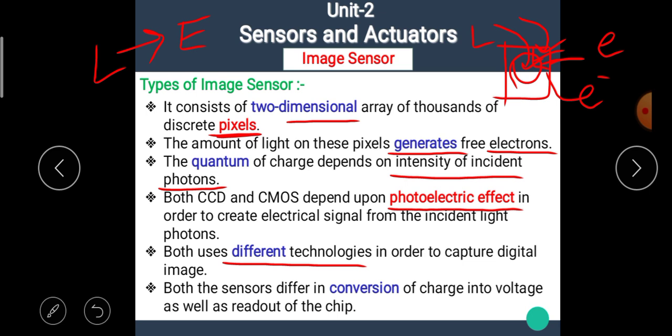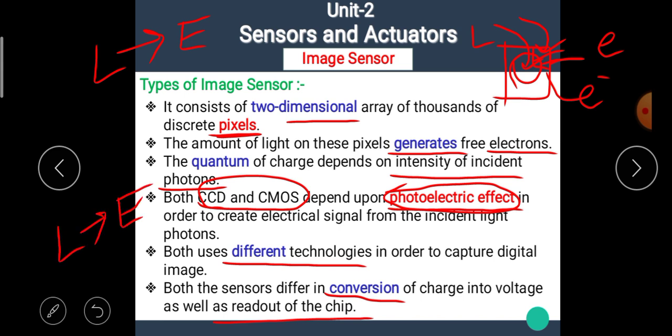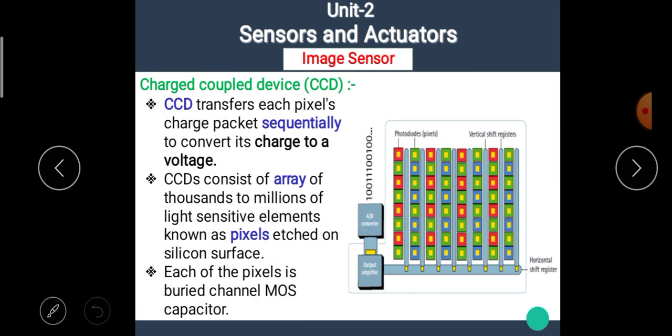Both the sensors differ in conversion of charge into voltage as well as readout of the chip. That means both the sensors, CCD and CMOS, use the photoelectric effect, where light energy is converted into electrical energy. That means both contain the photosensitive material in each pixel. Okay.